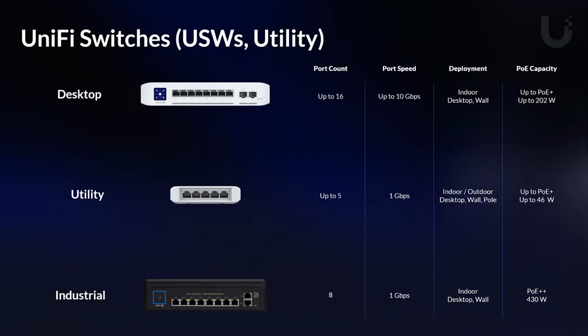Now our switches, we also have some other utility switches that might be useful. Like our Flex switch, for instance. In some apartment complexes, let's say they don't have a wire connection between the main building and another resident building. You can use a UniFi building bridge to extend that gap and build a high quality connection between those two buildings over wireless, and then you could have that bridged into a utility switch, the Flex switch, which is an outdoor switch.